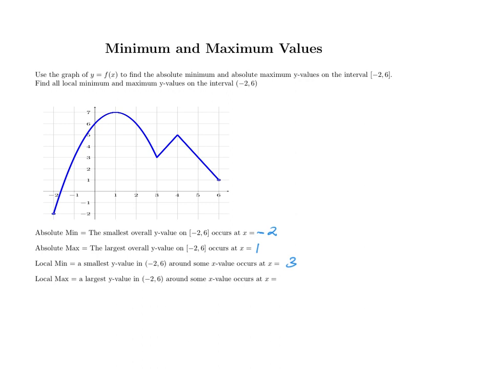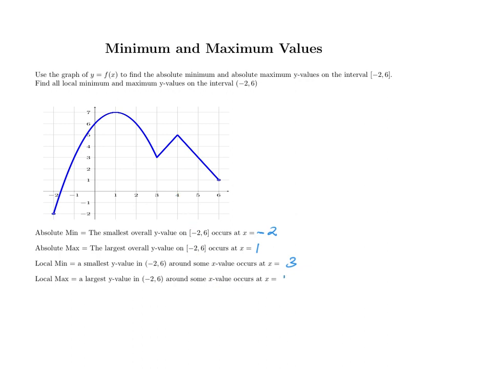Now, what about a local maximum, or just a local max? This is a largest y value around some x value within the interval from -2 to 6. And I think there's going to be two of them. There's one here at 4. At 4, as long as you're near 4, there is a largest y value of 5. So at x is equal to 4, there is a local max.